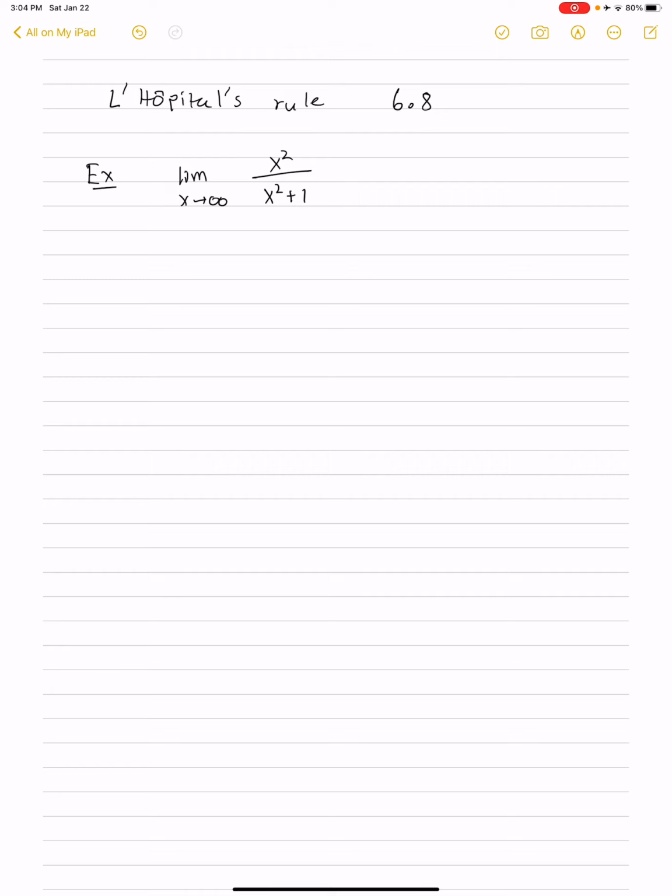Okay. So from Calculus 1, we were told to do this. That is to multiply top and bottom by 1 over x squared, and 1 over x squared is the highest power in the denominator. So if we do that, we'll multiply this times the numerator, that'll give us 1.